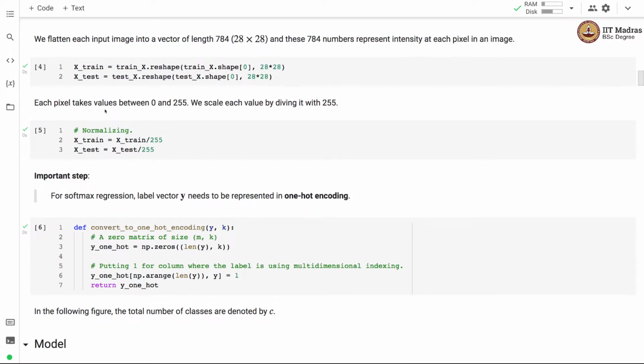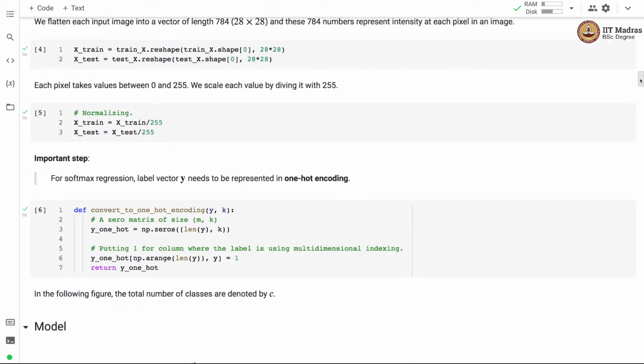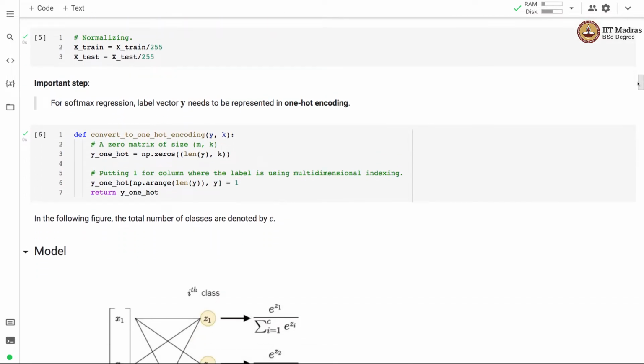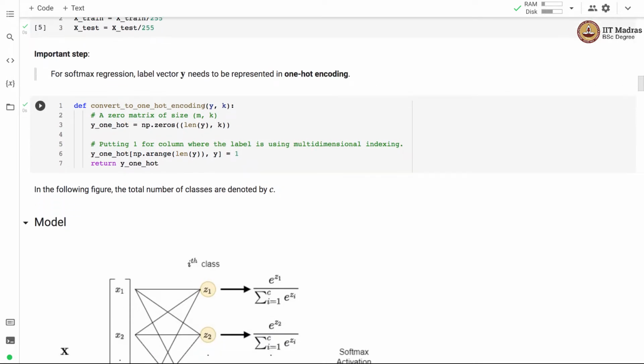Each pixel takes a value between 0 and 255. We scale each value by dividing it by 255. For a softmax regression, the label vector y needs to be in one-hot encoding format. So we write a small function that takes the label vector y as an input and returns the one-hot encoding vector.